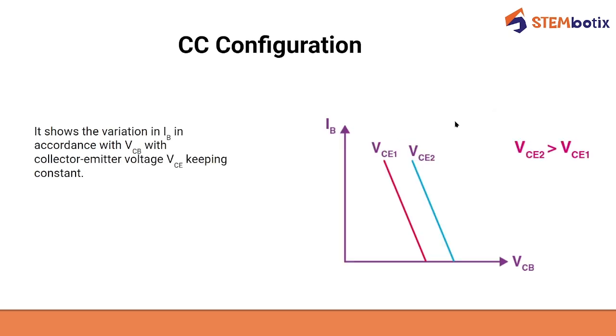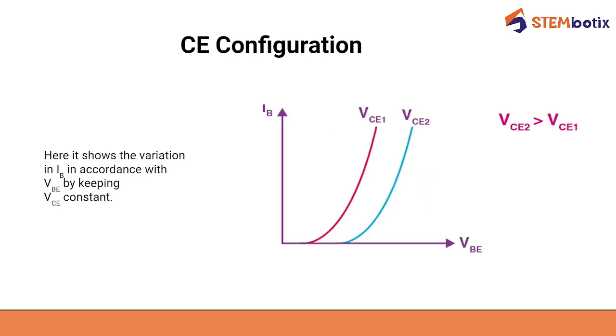Now the second is CC configuration, meaning common collector configuration. In common collector configuration, there is a plot between IB and VCB, showing the variation in base current with the change in base collector voltage, keeping VCE, the collector emitter voltage, constant.